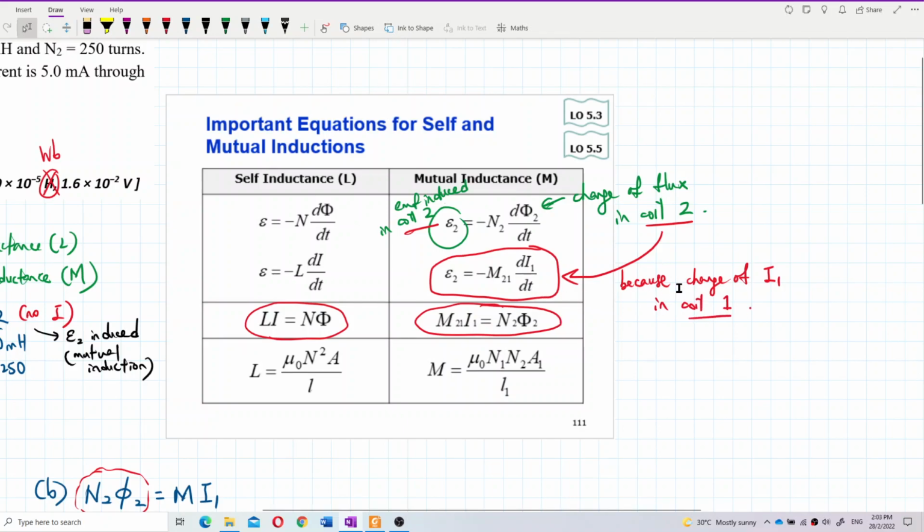Because of the change of current in coil 1, that's why there is a change of flux in coil 2. Change of flux in coil 2 over dt, and because there's a change of flux in coil 2, that's why there is an induced EMF in coil 2.